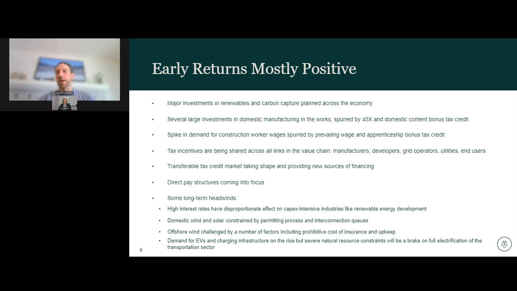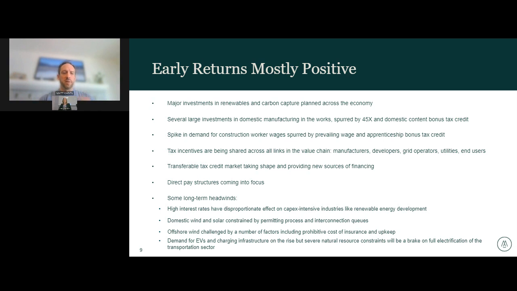The transferable tax credits, now that the IRS has opened up the portal under which you can make those transfers effective, we've seen a lot of those transactions happening. I'm working on several right now myself. And a lot of that uncertainty that was there in the early months after the IRA is starting to subside, although a substantial amount still remains.